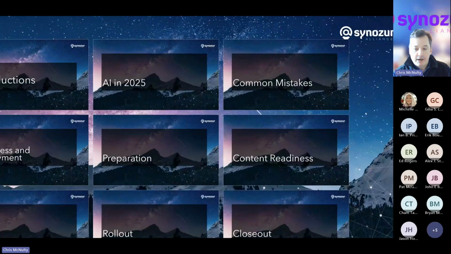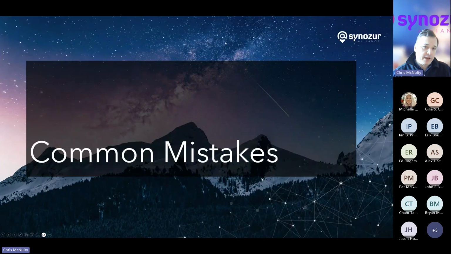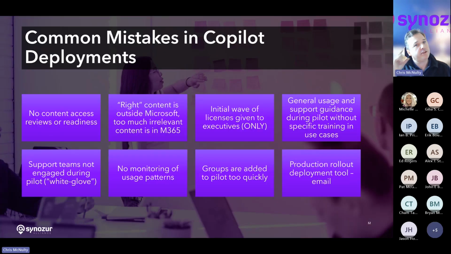Okay. One of the things that we've seen are what are some of the most common mistakes that organizations make in their Copilot deployment? And this is just a collection of some of the things that happen. There are all too many organizations that get a limited number of licenses, 500 licenses, say, and they throw them out to their executive tier, thinking that it's a privilege, we want to give it to these people.